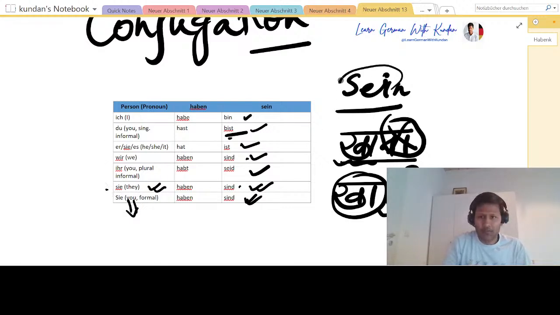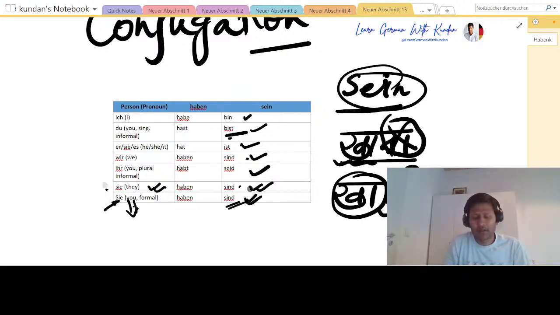So this is just the form of sein itself, so you don't have to worry. This is an irregular verb, so you just have to memorize it for now, to make sentences going forward. This will be the base of anything that we do now. Sie, formal, like in Hindi आप खाते हो, आप जाते हो, is the subject, and here you have the conjugation sind again.